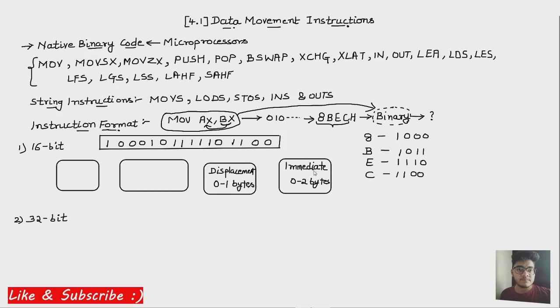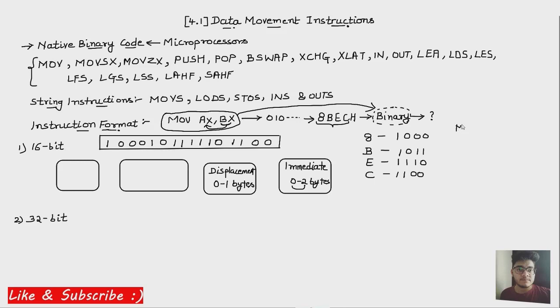Now in immediate addressing, we have the immediate address, so we can just write the immediate address here, and at the immediate address we can find the instruction, right? So that's why it is 0 to 2 bytes. Displacement is basically we are just providing some displacement.